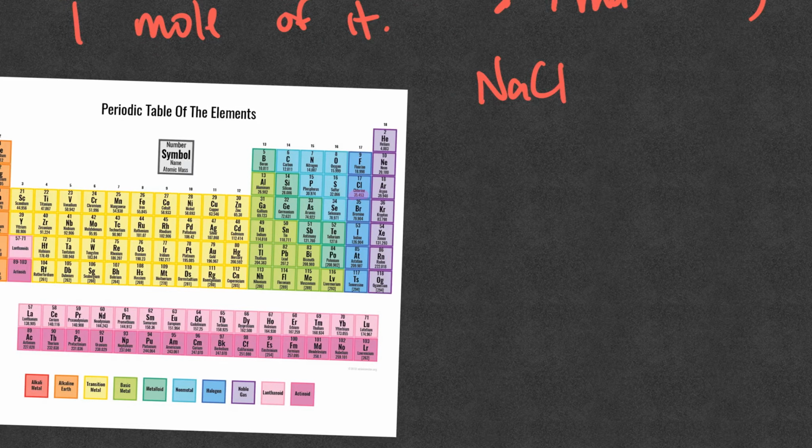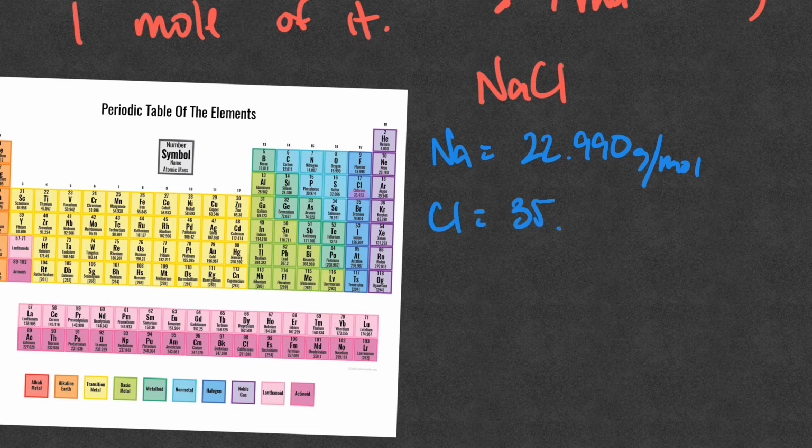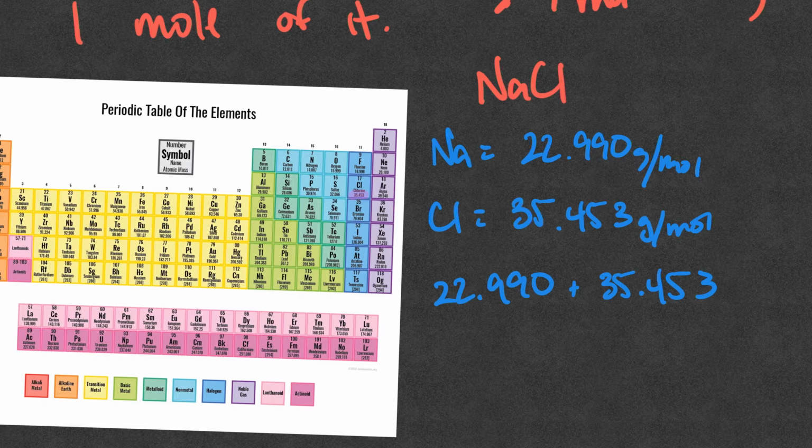Na's molar mass is 22.990 grams per mole, and chlorine's is 35.453 grams per mole. To figure out the molar mass of NaCl, we simply add them together: 22.990 plus 35.453, and you'll find the molar mass is roughly 58.44 grams per mole, and that's the molar mass of NaCl.